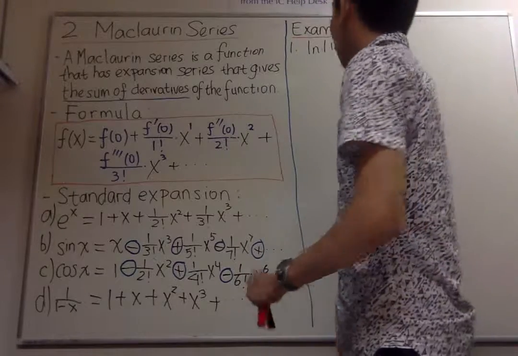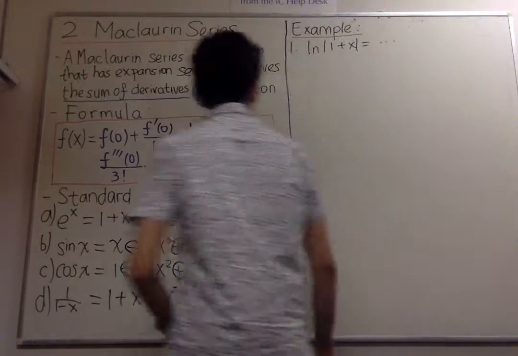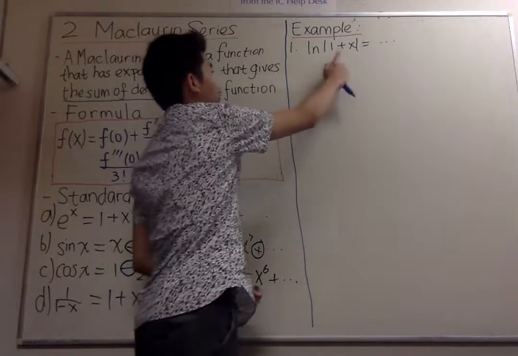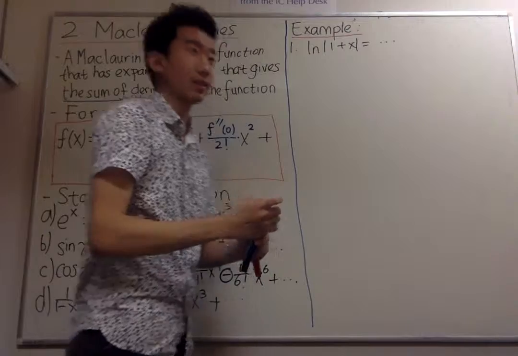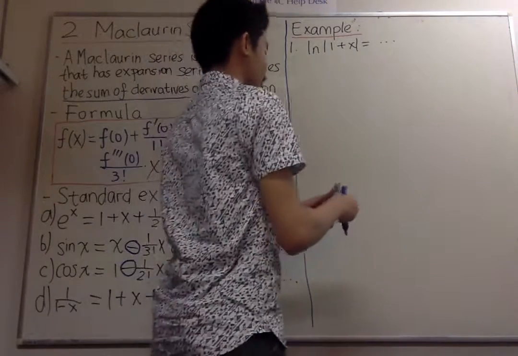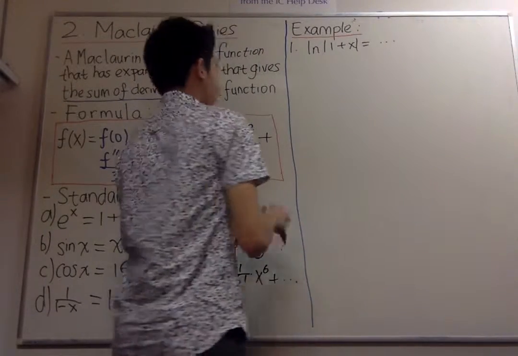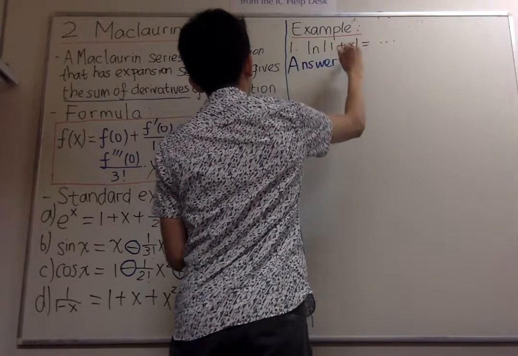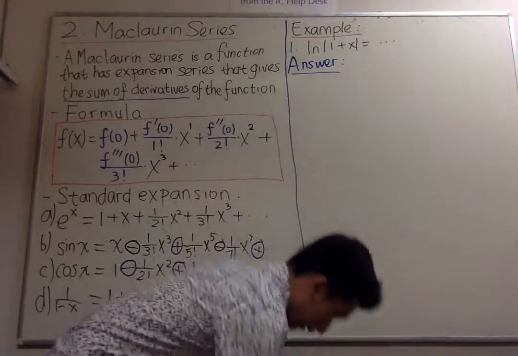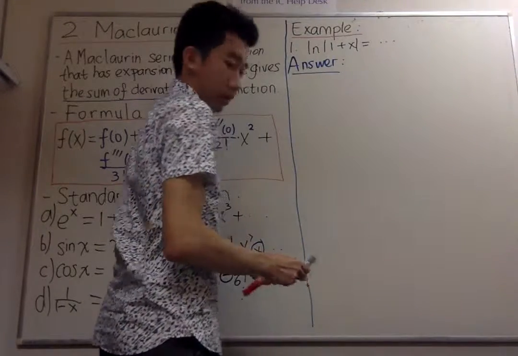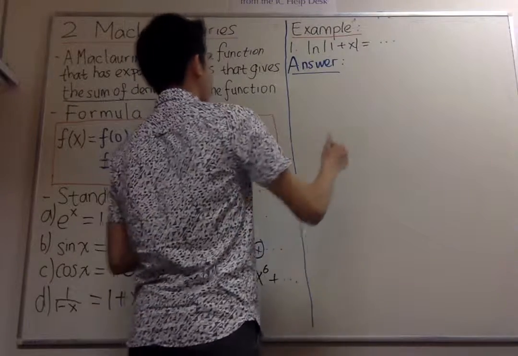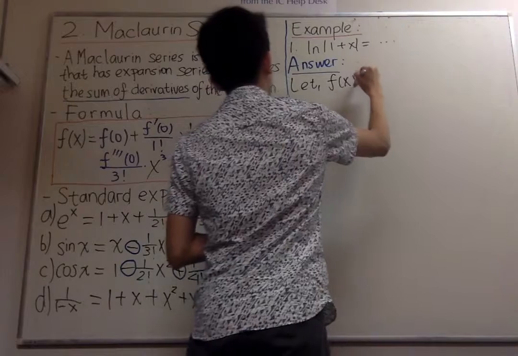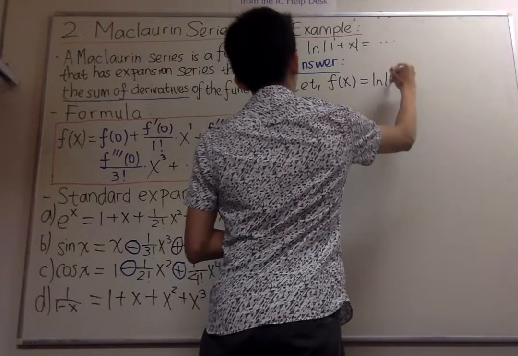Okay, we now have an example here. We want to find the Maclaurin series of ln of 1 plus x. First, what we need to do is differentiate this function. Let f of x be equal to ln of 1 plus x.